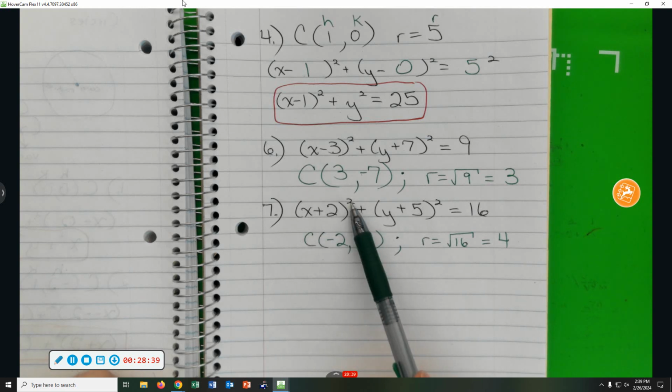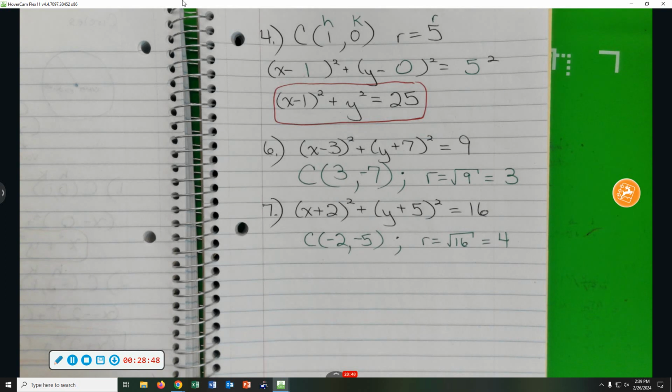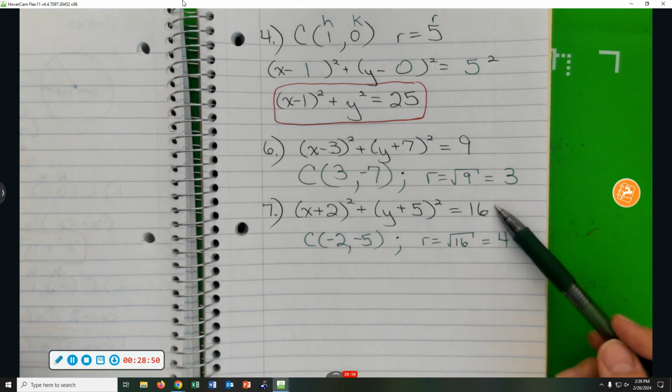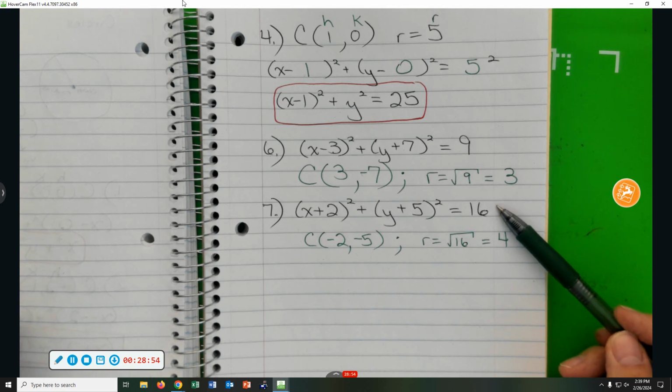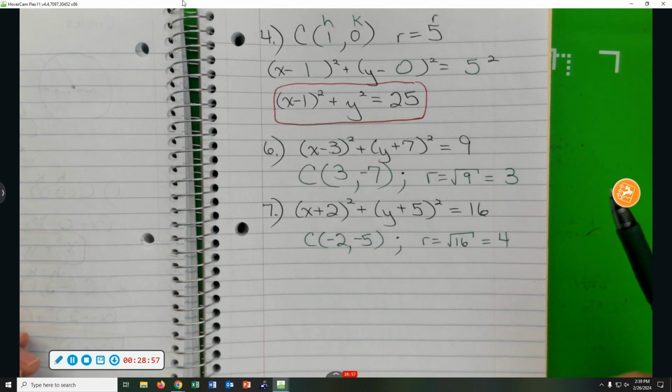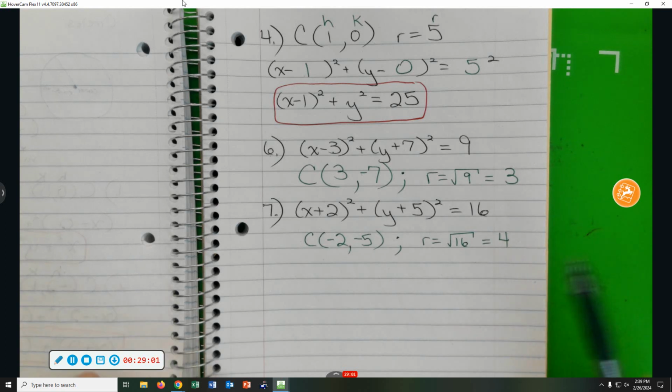Non-negative plus non-negative, can that ever equal a negative? In order for the equation to be a circle, this number has to be positive. Fortunately, it's also a perfect square, which makes it easier for graphing.